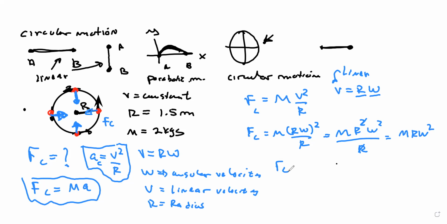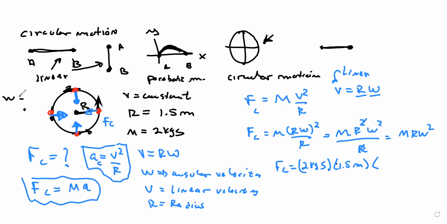So your centripetal force is equal to the mass, which is 2 kilograms, times the radius, which is 1.5 meters, times omega squared. And we haven't said what omega is, so let's put it right here.